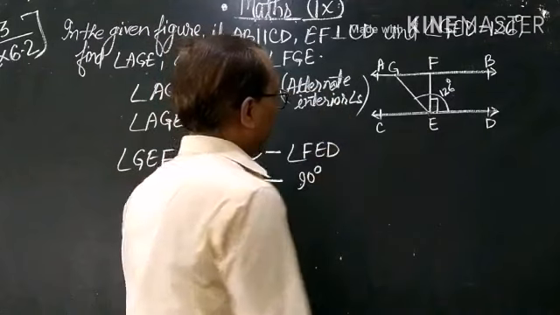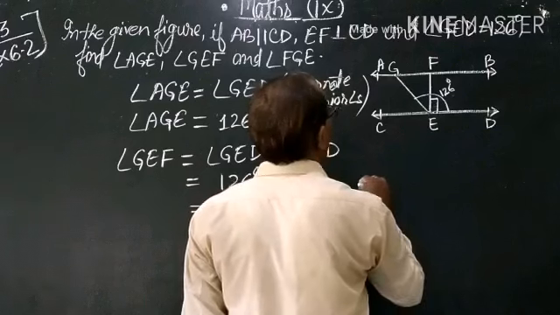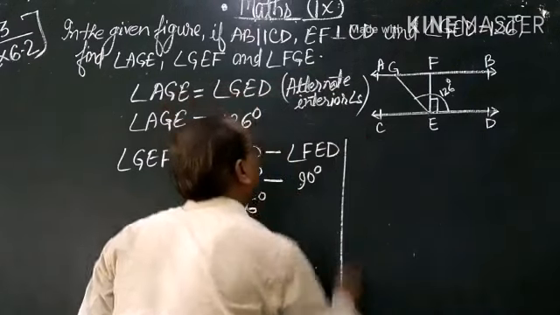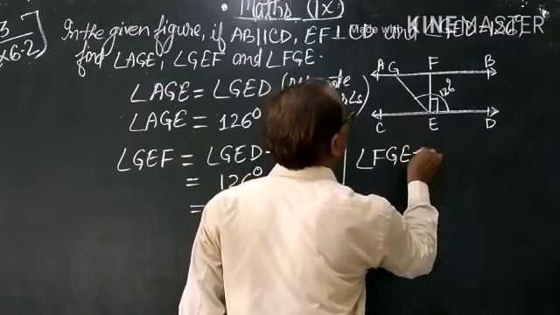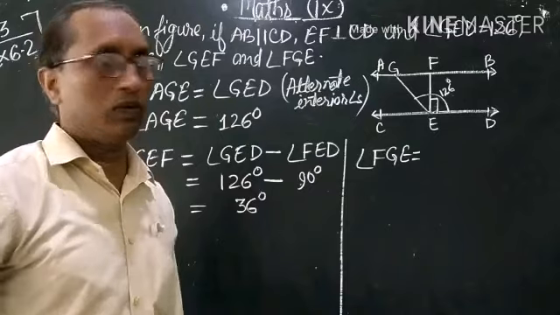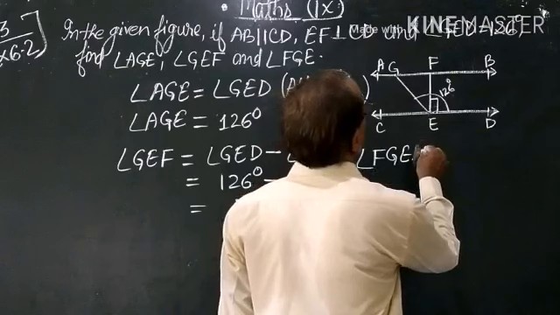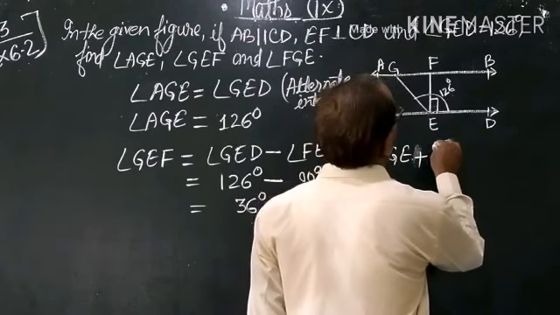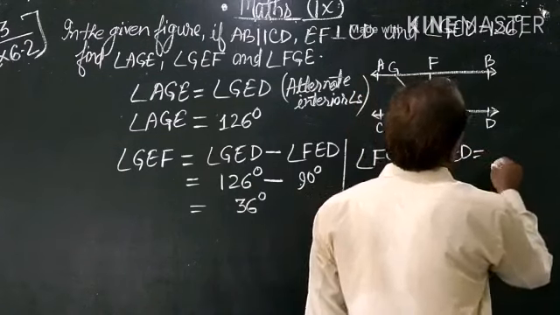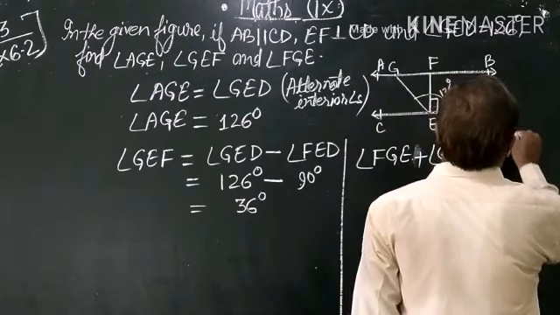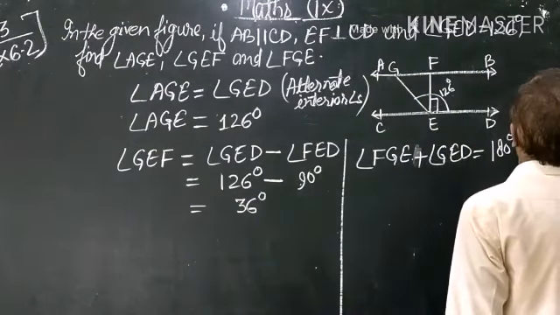Then the third angle, angle FGE. You write down angle FGE plus angle GED is equal to 180 degrees by the property co-interior angle.